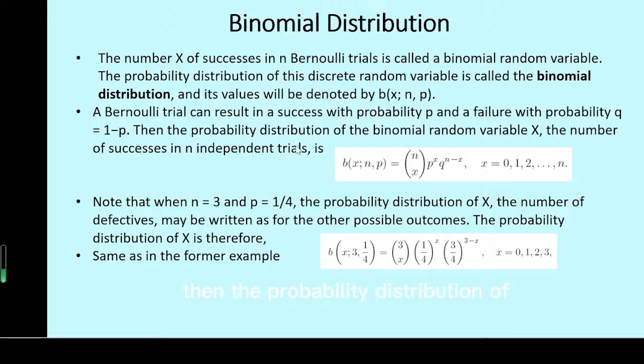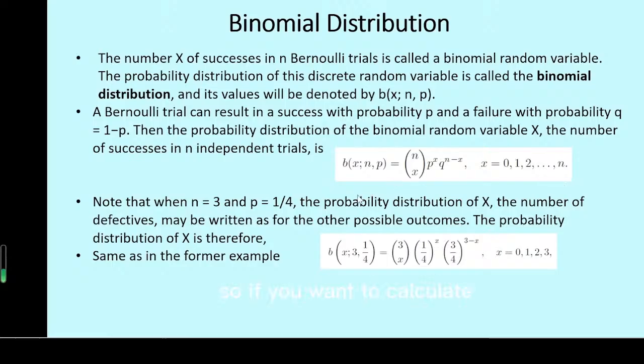Then the probability distribution of the binomial random variable X is b(x; n, p) equals the combination C(n, x) times p to the power x times q to the power n minus x, where x can be 0, 1, 2, 3, 4, up to n.